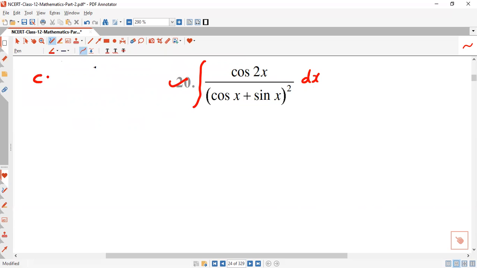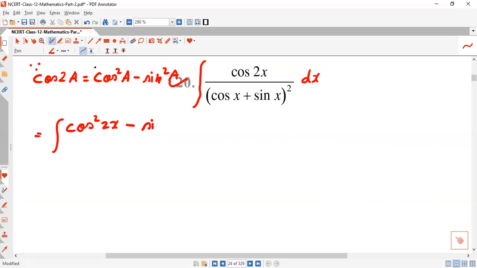Since you know this formula, cos 2a equals cos square a minus sin square a, apply this formula here. So this integration becomes (cos square 2x minus sin square 2x) divided by (cos x plus sin x) whole square dx.